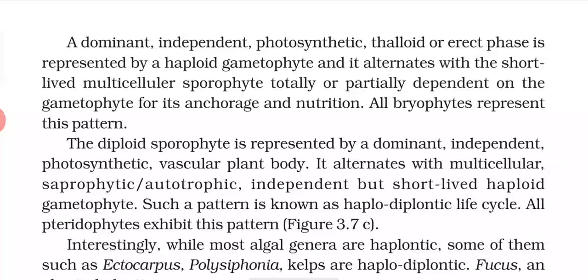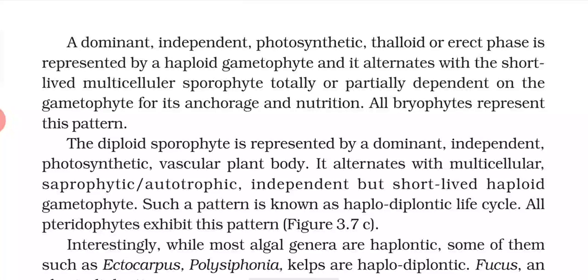So that means in this, the haploid gametophyte is dominant, and it alternates with the short living multicellular sporophyte, totally or partially dependent on the gametophyte for its anchorage and nutrition. So the sporophyte is multicellular but short living. It depends partially or totally on the gametophyte for its anchorage and nutrition. And all the bryophytes represent this pattern.